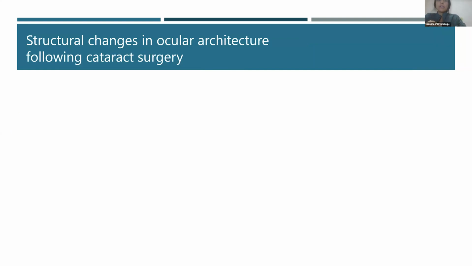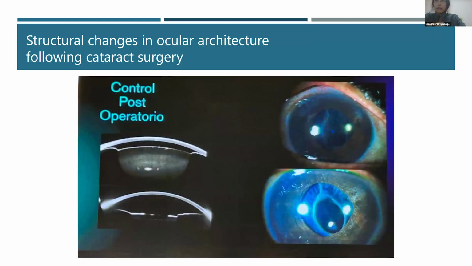This is another example they showed us at the congress. We can see the difference between the picture up, where the old cataract is really big, and the other picture, where we can see the angles.